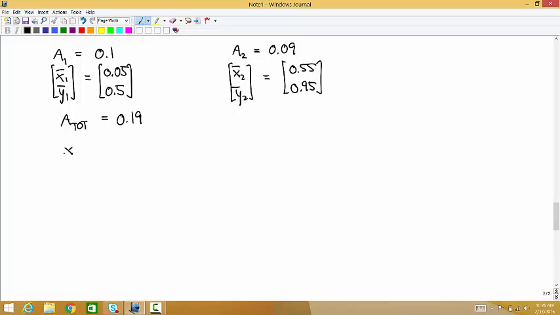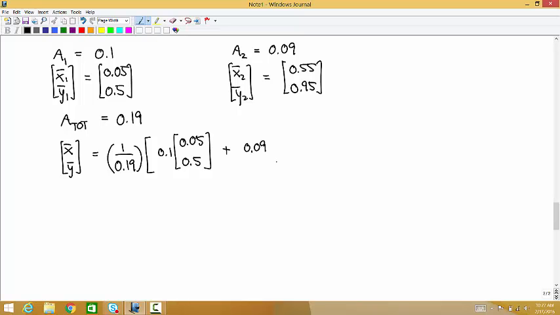And so to find the total centroid, that's equal to 1 over 0.19 times the sum of 0.1 times this vector plus 0.09 times this vector. Can someone punch that in?